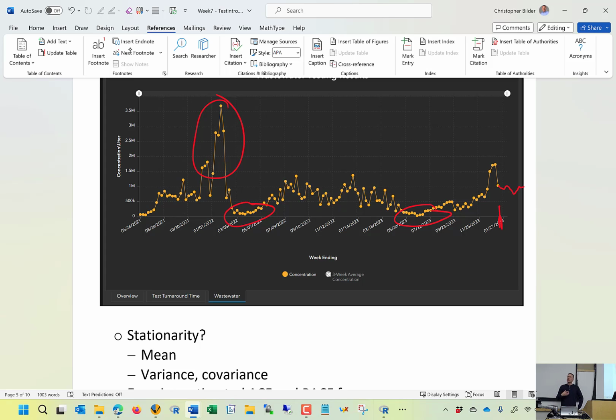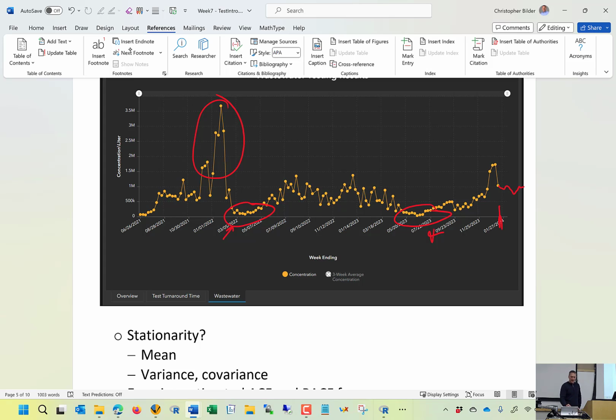Note that though, there wasn't really that many time periods for that. So that's something to think about there. We also have a few other points in the time series where maybe we're dipping down a little bit lower. And so I think from looking at this, stationarity with respect to the mean is questionable.